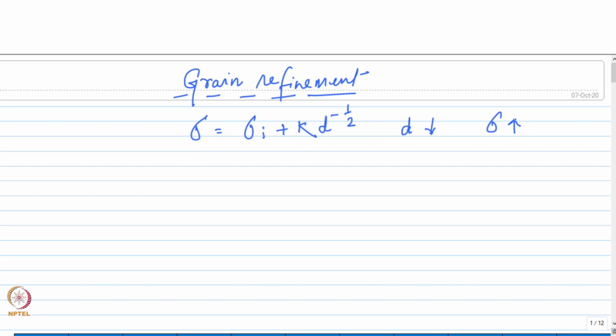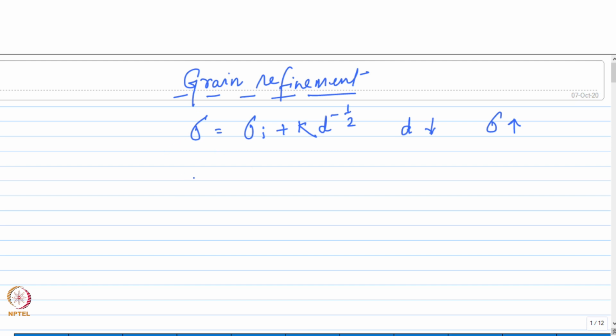This is due to the fact that as you decrease the grain size, you basically increase the grain boundary area per unit volume, and since the grain boundaries act as hindrance to dislocation motion, the strength will increase as the number of grain boundaries increases.